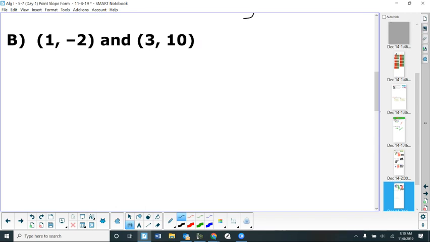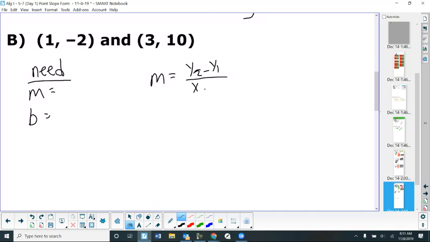Natalie, what do we need to get? We need to get m and b, right? So we need to get slope first, right? So what am I going to write? M equals y2 minus y1 over x2 minus x1.